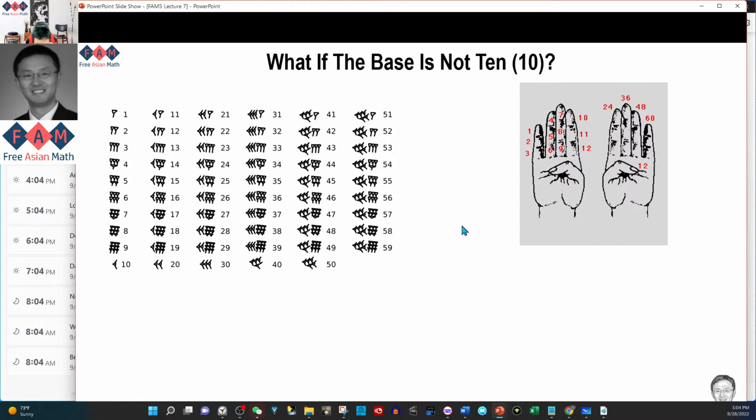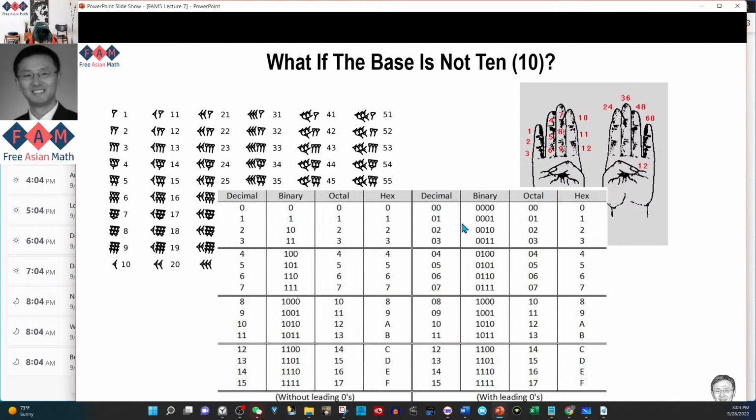Super importantly, in modern society you also have the binary system, which only has 2 symbols, 0 and 1. This is widely used in computers. I guess everybody is a computer fan, right? If you are not, you are a video game fan, are you?